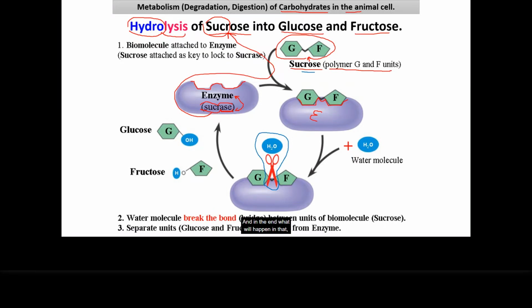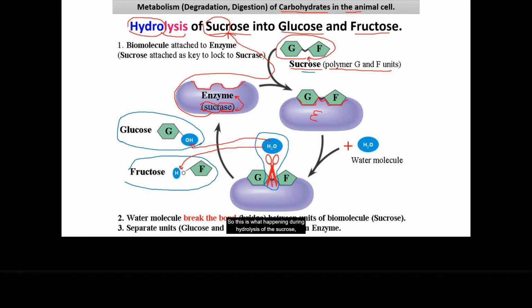And in the end, we will have two separate products, glucose and fructose. And as you can see, when the chemical bond is broken between glucose and fructose in the sucrose molecule, part of the water, such as the hydrogen ion, will be attached to the fructose and the hydroxyl unit will be attached to the glucose in here.